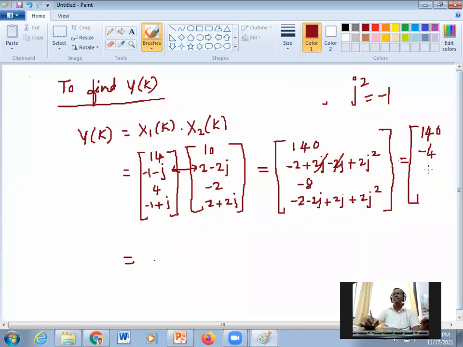Then again this is minus 8. Then again here plus minus 2j cancels, and here it is 2j square. Again it is minus 2, so it will be minus 4. So our value is y of k equals 140 minus 4 minus 8 and minus 4. Understood? This is our step 3 we can call.